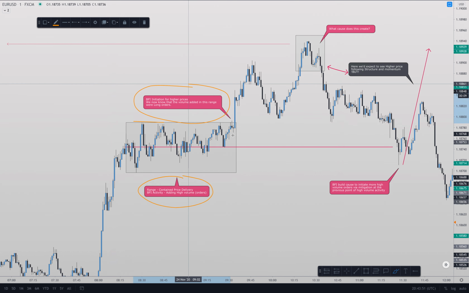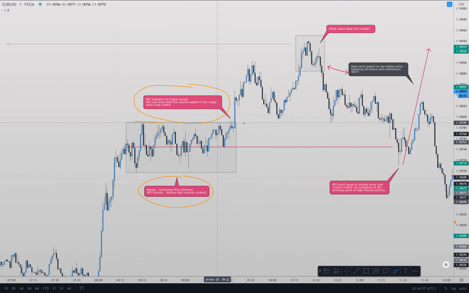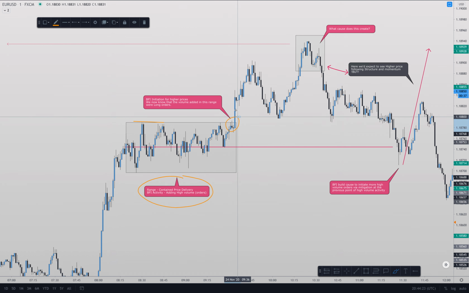The breakout of this range gives me the understanding that the orders the BFIs were putting together within this range were long orders, because we have that initiation and that push for higher prices after this range. So what I've said here is BFI intentions for higher prices. We now know that the volume added within this range were long orders, and that's what we're seeing here.